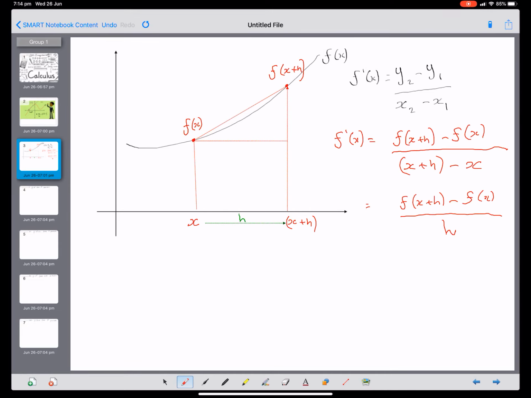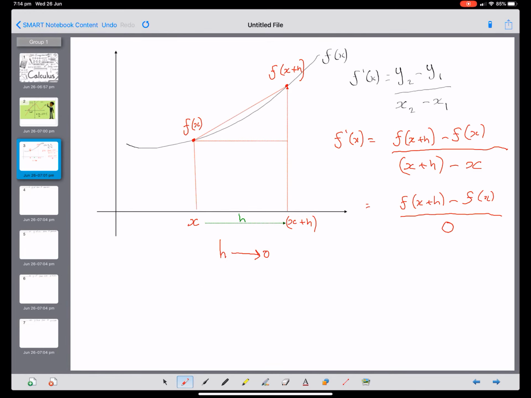Now, what would happen if we could limit this h to 0? Limit it all the way to 0 and just get the gradient at a particular point. So we want to make h as small as we possibly can. Now, let's consider if we let h equal 0.